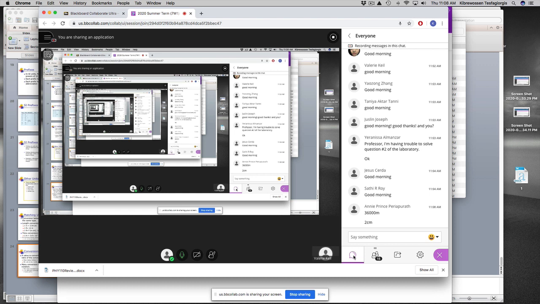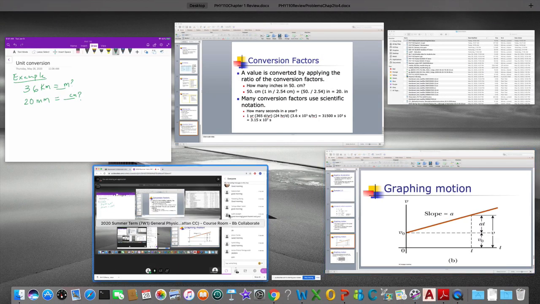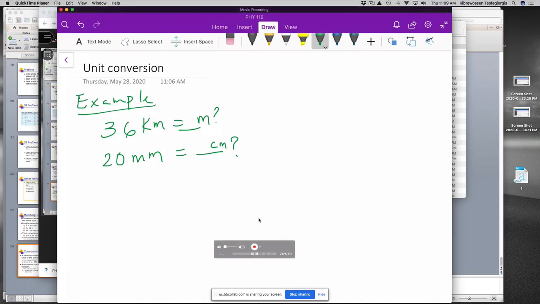Excellent. Any other opinion? When you do unit conversions, I usually prefer to do it step by step, especially with something that I can remember or something that I know.